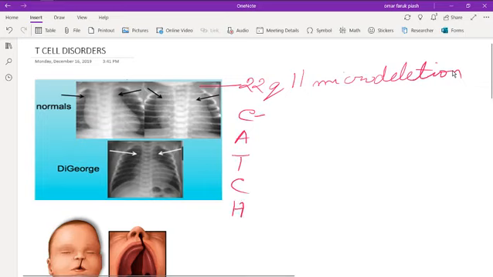In CATCH 22, first is cardiac defects, that is conotruncal abnormalities. Then abnormal faces.